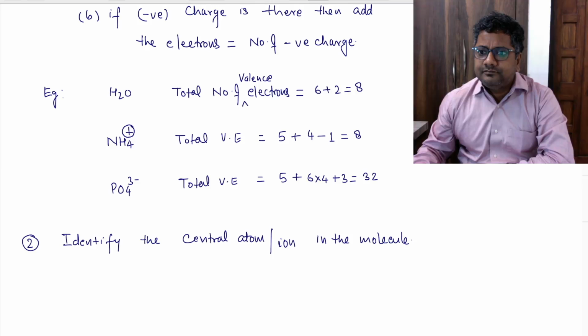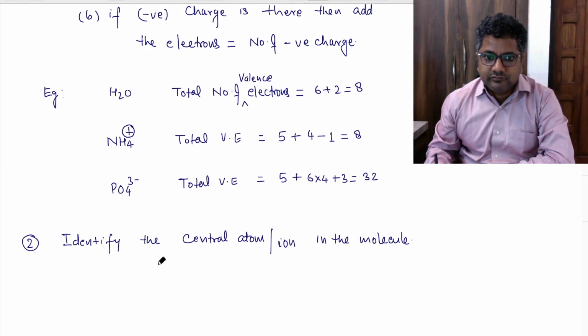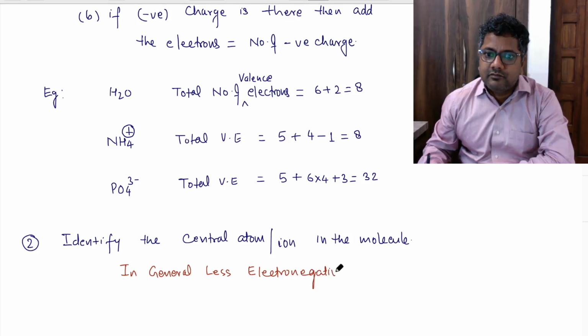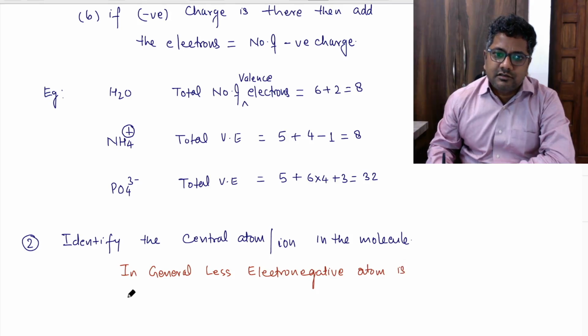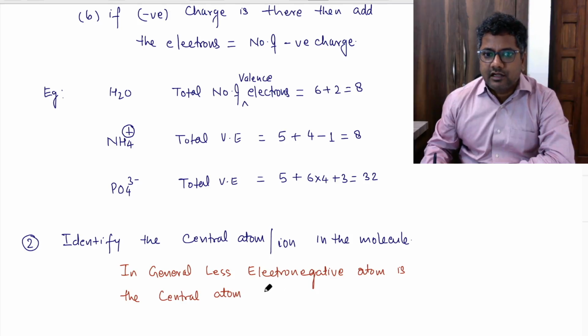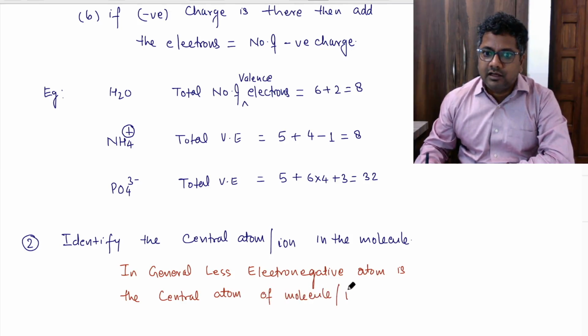This is the general rule. In general, the less electronegative atom is the central atom of the molecule or ion.